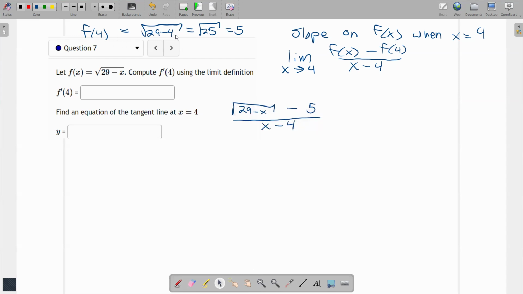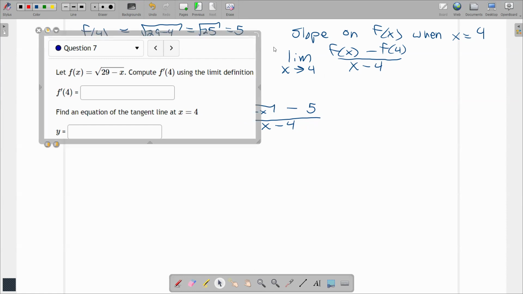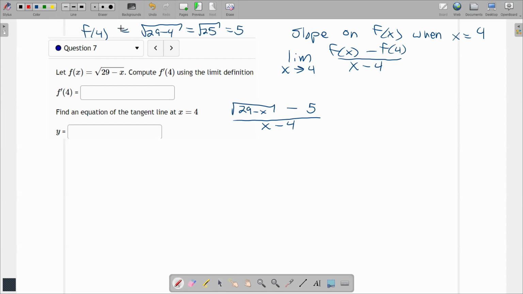Yeah, so f of 4, 29 minus 4, gives me the 5. Okay, so next I'm going to multiply by the conjugate of that, which is the square root of 29 minus x plus 5. And I got to do that in the bottom too. Parentheses, parentheses.